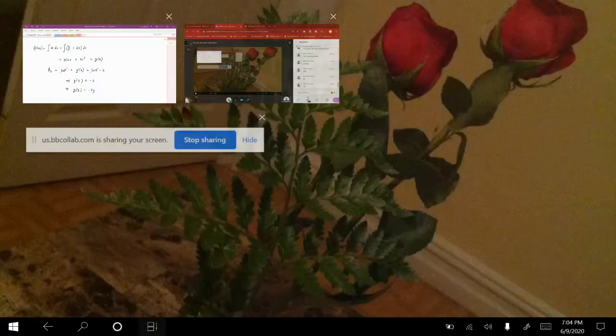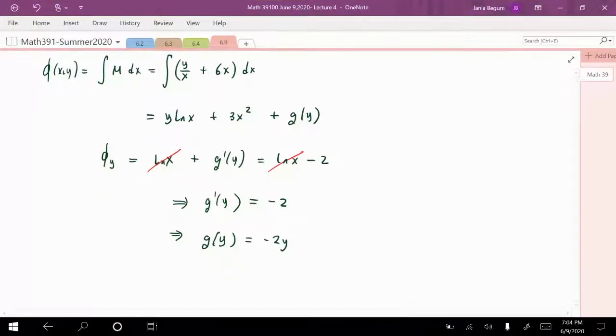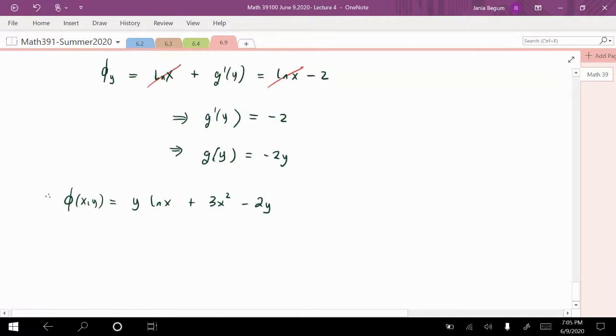So therefore, phi of x, y is equal to y ln of x plus 3x squared plus g, and g is -2y. All of these we're going to call equal to a constant. So we have y ln of x plus 3x squared minus 2y is equal to a constant.